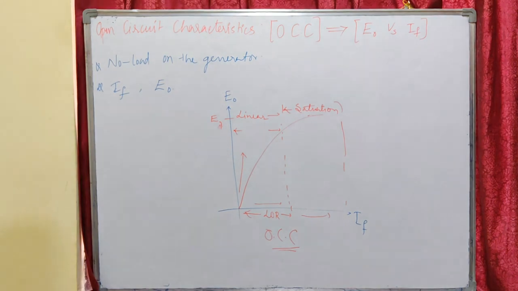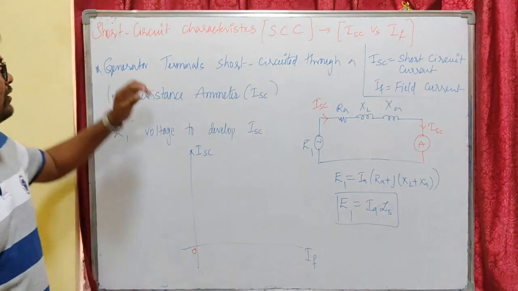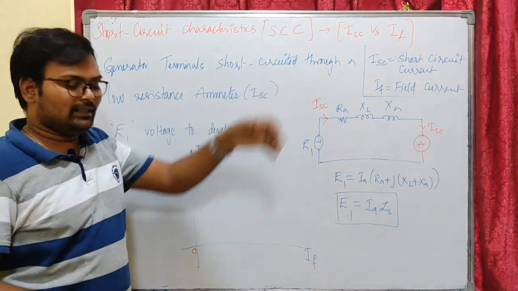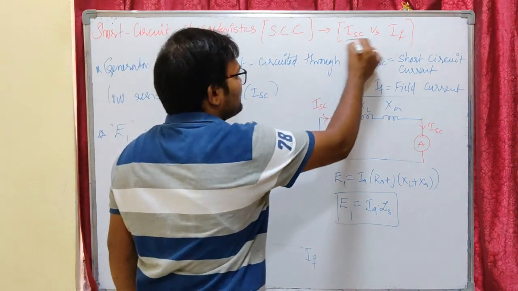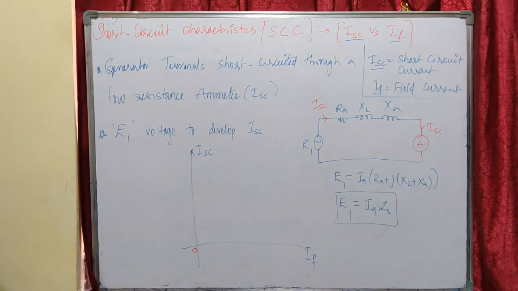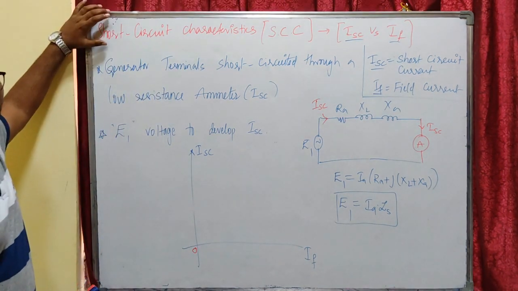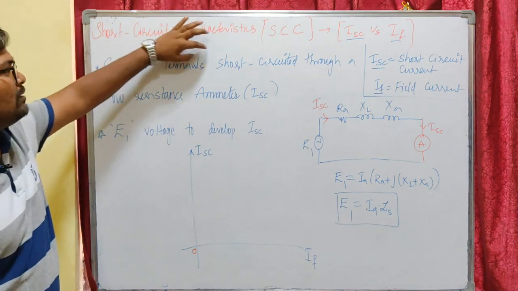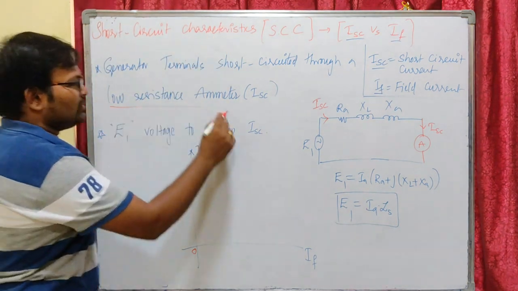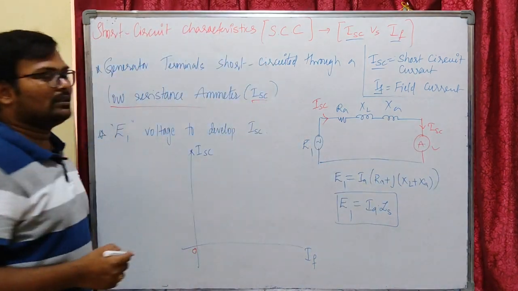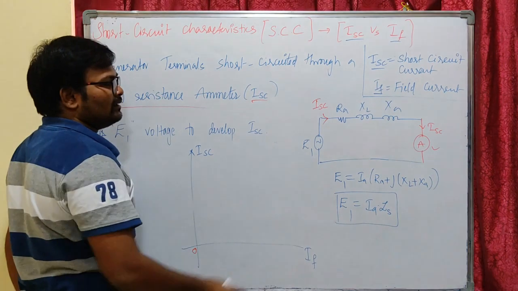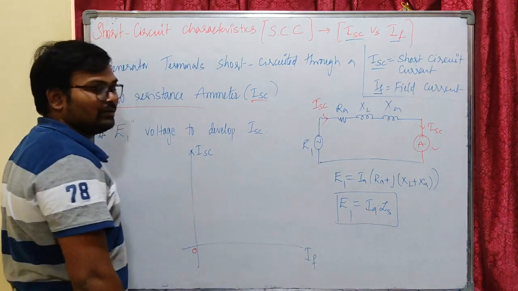Now let us understand the short circuit characteristics, named SCC, which is the graph between short circuit current Isc and field current If. This is under the short circuit condition of our generator. Generator terminals will be short circuited through a low resistance ammeter to measure the short circuit current. This is our equivalent circuit of the generator.